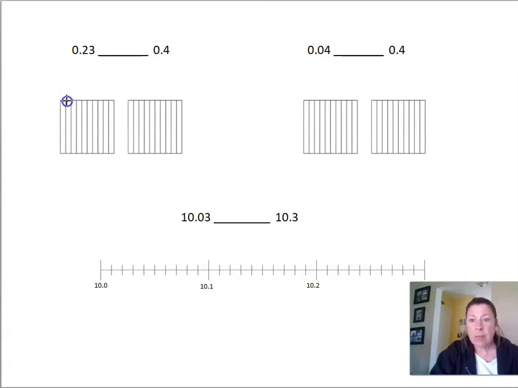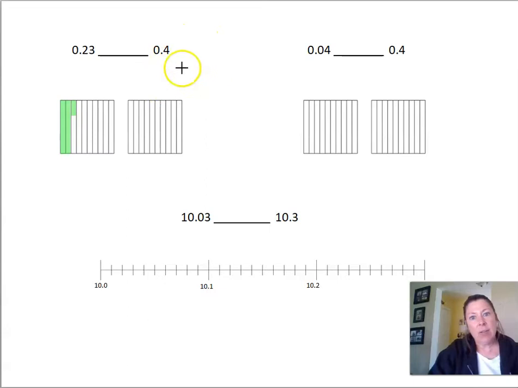So I'm going to shade those 2 tenths first, and then I just need 3 little hundredths more, which is probably about there. So that would be 23 hundredths.